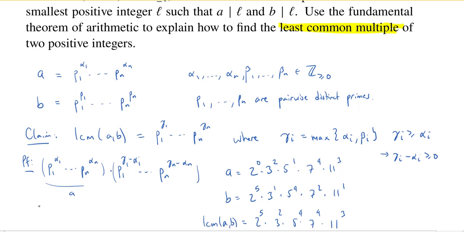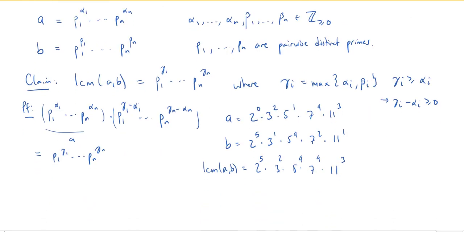Okay, and if I multiply these two together, I get P1 to the gamma 1 through Pn to the gamma n. All right, so I don't know immediately that this is equal to the least common multiple, but if I give it a name like little l, then I can see that A times whatever this number is equal to little l. And so we conclude that A divides little l.